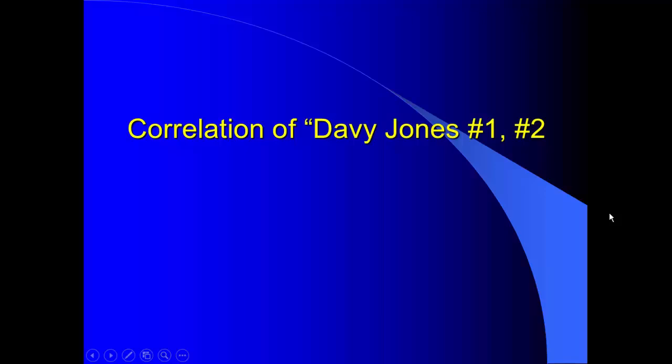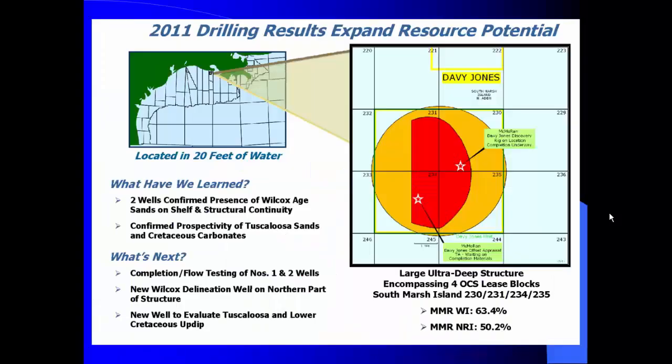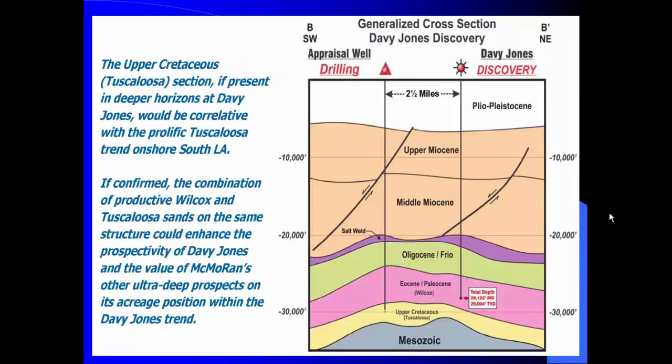Okay, so now we'll look at this Davy Jones number 2, which is right here, and I didn't have seismic for that. It wasn't out yet, but this gives you a little idea. Here's the Davy Jones 1, the Davy Jones 2, and this is the Macarand again, showing what's going on in the wells.